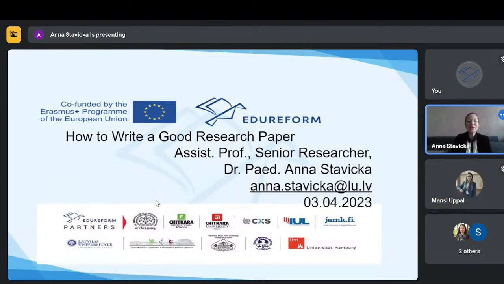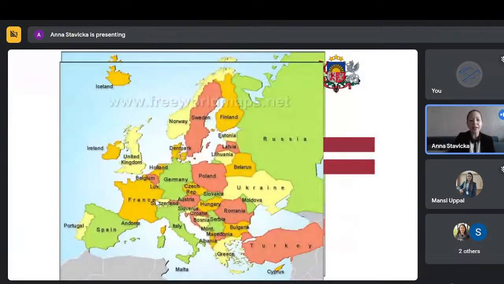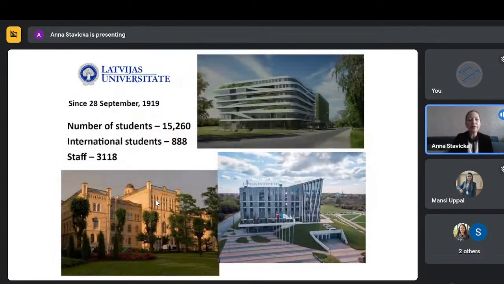Okay. So, dear colleagues, dear teachers, dear students, dear all the participants, it is my great pleasure and I am very privileged to be here today to initiate the conversation on how to write a good research paper. Very briefly about myself, Mansi has already introduced me, but I come from Latvia and I am affiliated with the University of Latvia, the Faculty of Education, Psychology and Art, Teacher Education Department.